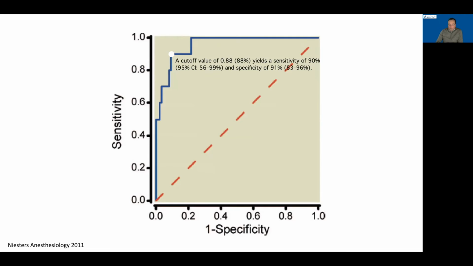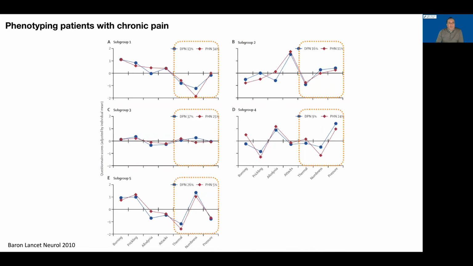Quite interesting. Now, let's go back to phenotyping our patients. As you can see here, this is a publication from Ralph Baron, a very interesting set of studies, and he looked at neuropathic pain patients, and at various subgroups of these patients based predominantly on the QST, but not only on the QST.